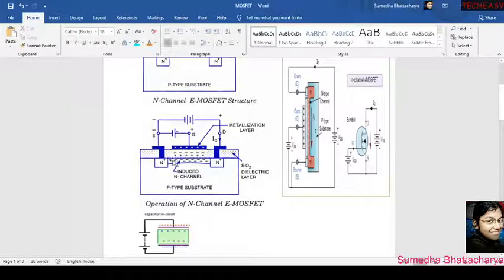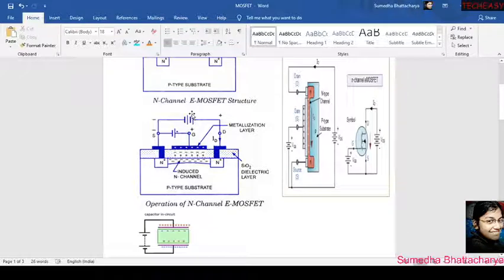Now the structure is ready for the ID current to flow from drain to source. But before that, remember we have to connect the source and the drain with a potential or a battery to give them voltage, right?